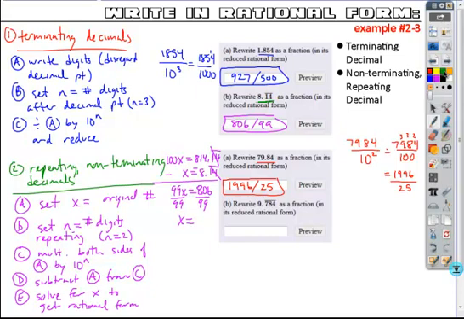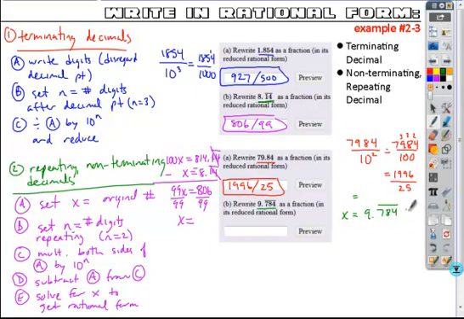Okay, in the second example here, you recognize what type of problem you're dealing with. It's a repeating digit. There are 3 digits that repeat. So the first thing I'm going to do is set x equal to my original number, 9.784, with a bar across the 3 digits.